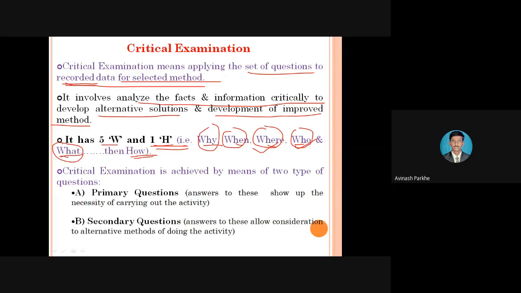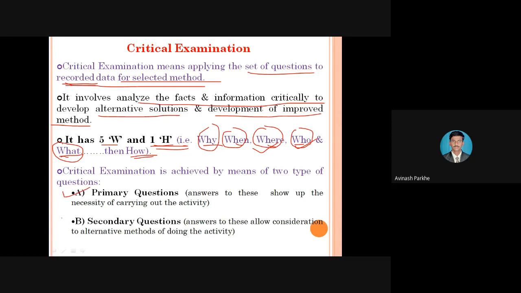Please keep in mind, if I am applying 5W and 1H questions to the existing method or during the development of a new method, that concept is called critical examination. So in this critical examination, we are asking 2 types of questions.